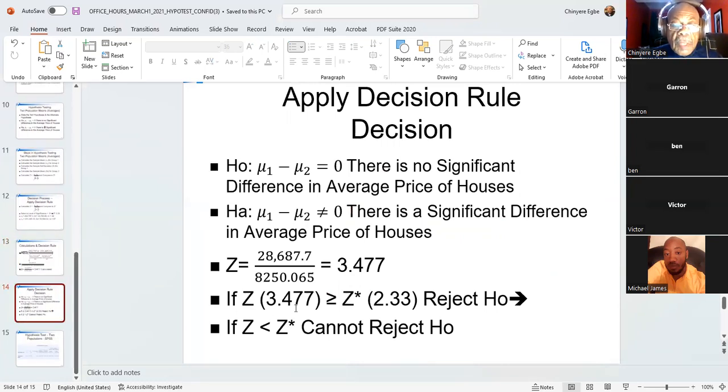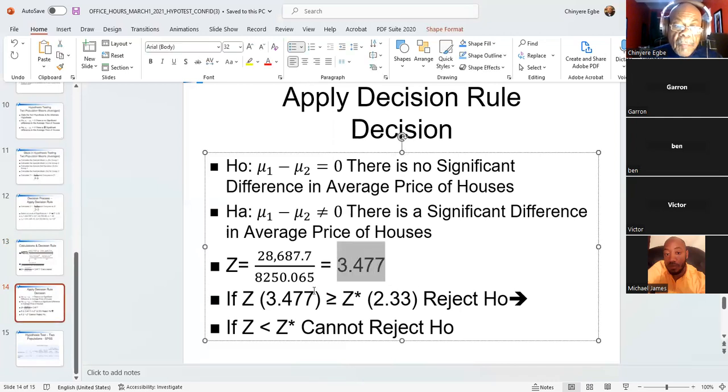And so if Z is greater than Z star, you reject the null hypothesis. And since the calculated Z, 3.477, is greater than the critical Z, you reject the null hypothesis that the average prices are the same. Okay? And so you conclude that the average prices are not the same.